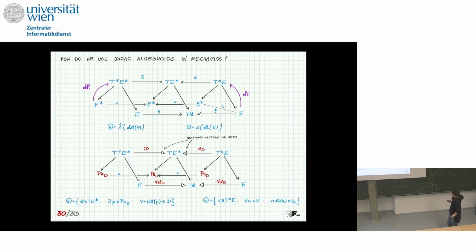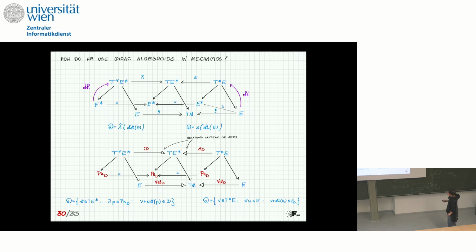And on the base here, I will also have a relation that takes the role of rho. Here in the algebroid case, I got a map, and in the case of a more general thing, I can have a relation. It is always over the identity on E star, so if I start from some subbundle, I stay on this subbundle. But then the structure works in the same way.